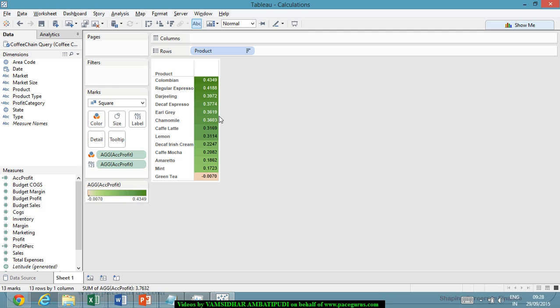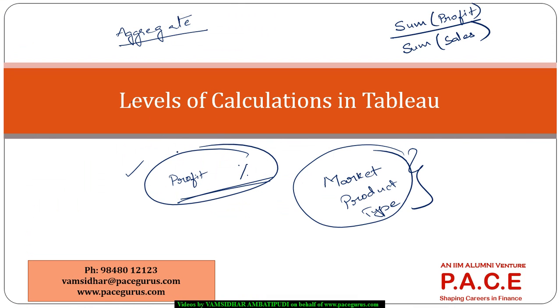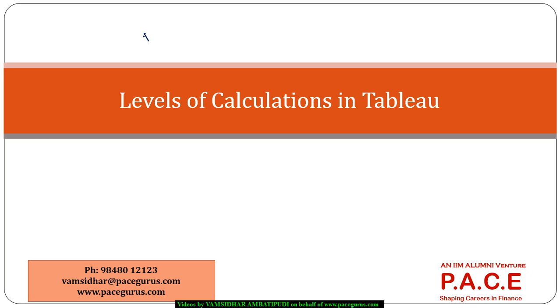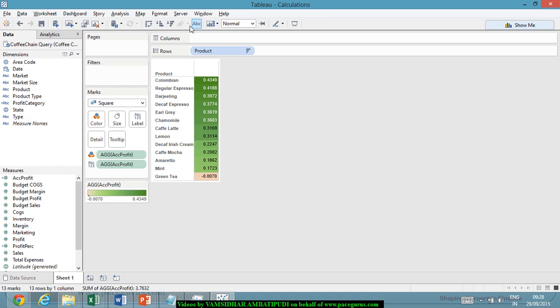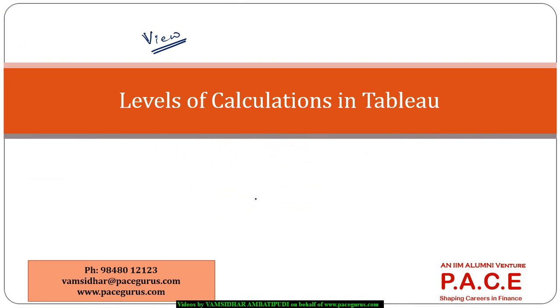But in some cases, I can even do a fixation of the view. Let's say here, the view contains product, but I can still show the aggregation with respect to market.